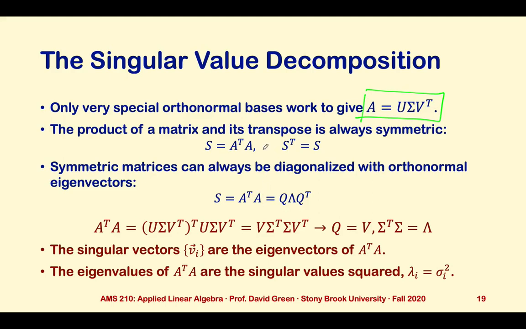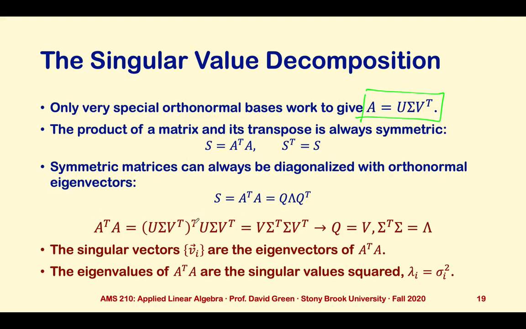Putting these two ideas together leads us to a very, very interesting result. We are simply going to plug in our target for the singular value decomposition into A in this A transpose A expression.